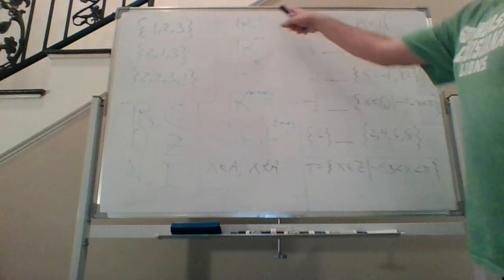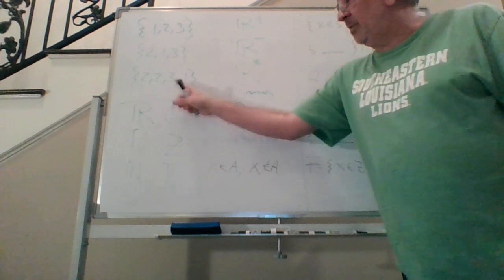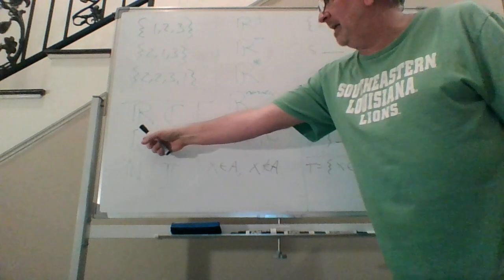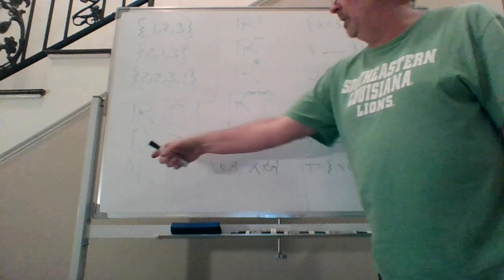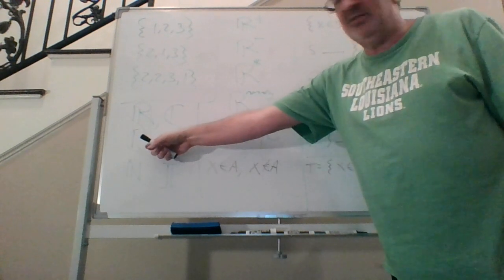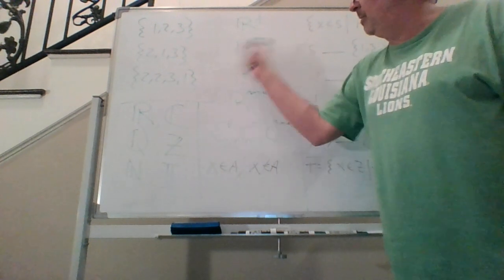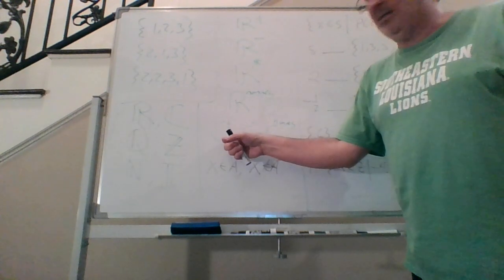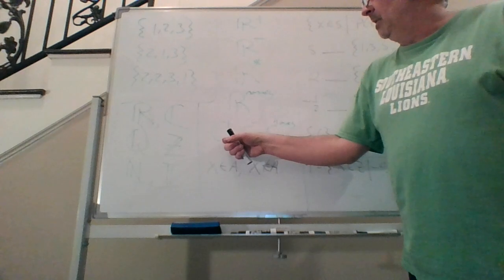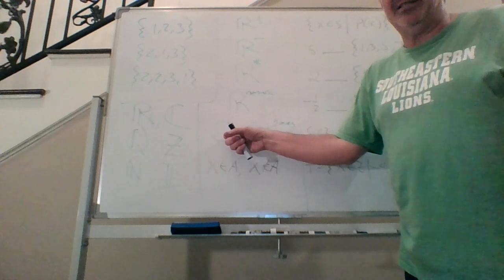Now, all these little superscripts, you can put on these other sets as well. You could do Q plus. You could do Z plus, you could do Q star, non-zero rational numbers. Okay, so you can mix and match. However, C plus doesn't make any sense, right? Complex numbers, there's no positive or negative.